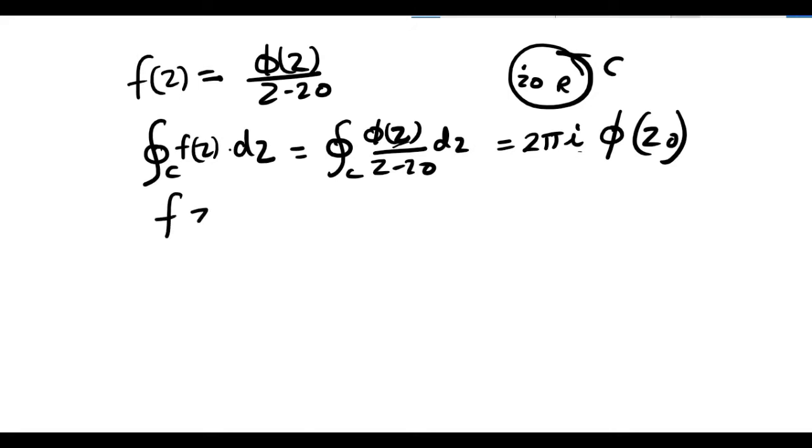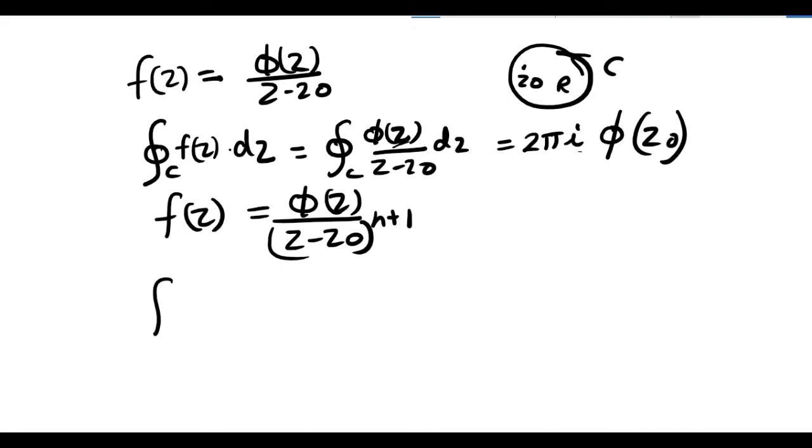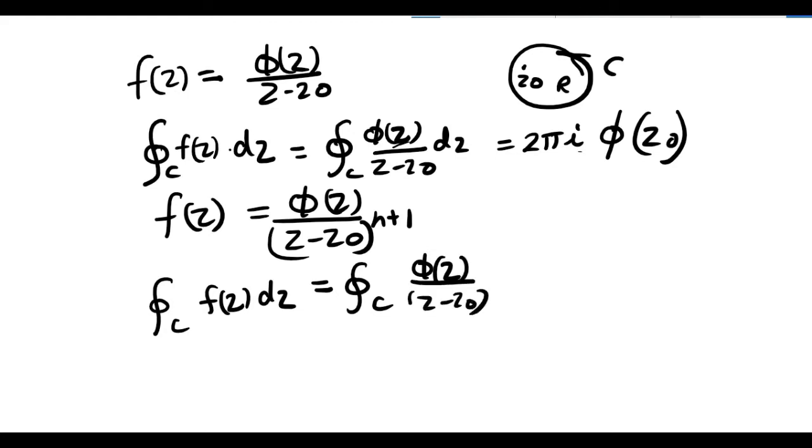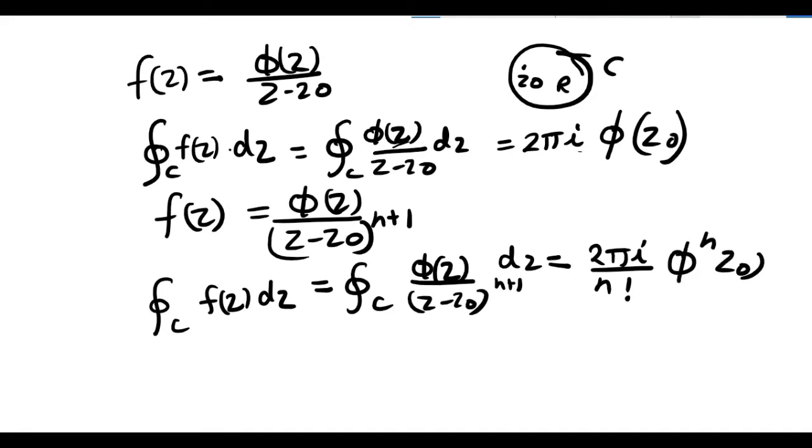And similarly, if f(z) is in the form phi(z) upon (z minus z0) to the power n plus 1, then its integration of f(z) dz over this curve is equal to the integration of phi(z) upon (z minus z0)^(n+1) dz, which is equal to 2 pi i upon n factorial into phi^(n)(z0).